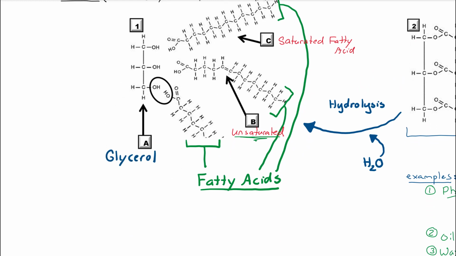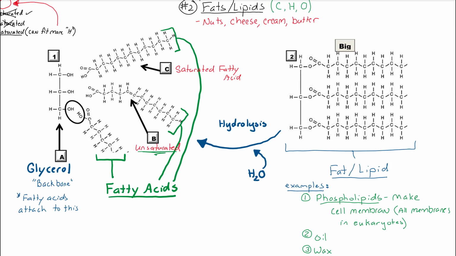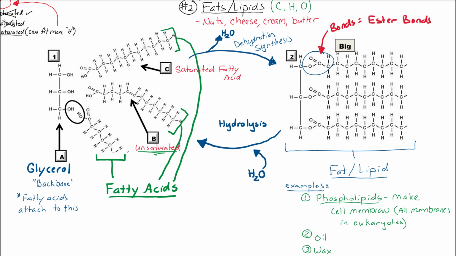These fatty acid chains, nonetheless, attach to this glycerol molecule, glycerol backbone. These are the attachment points for the fatty acids. And if you want to attach those fatty acids to glycerol, you must remove water to bond them together, a process called dehydration synthesis. Now these bonds are called ester bonds. They bond the fatty acids to glycerol.